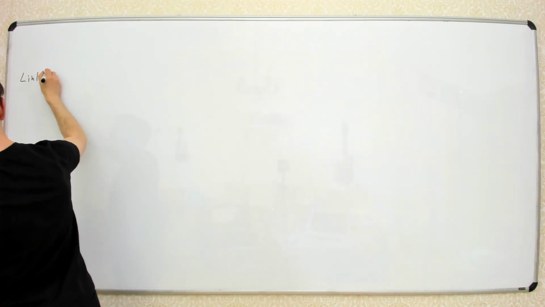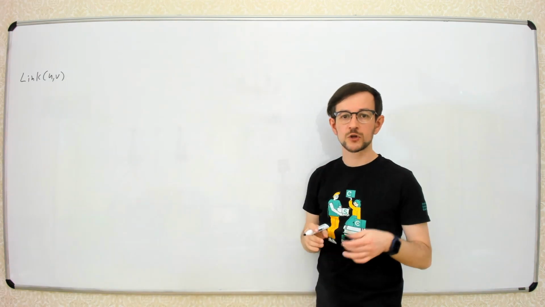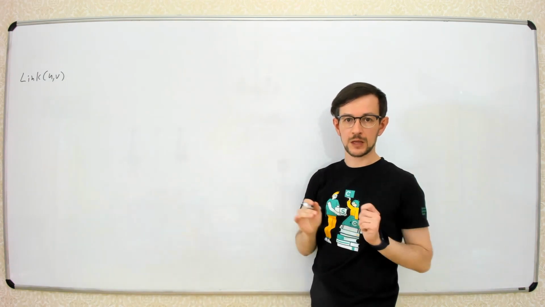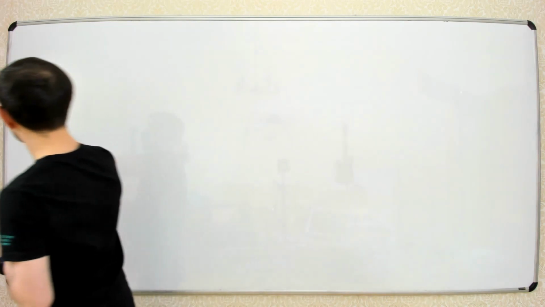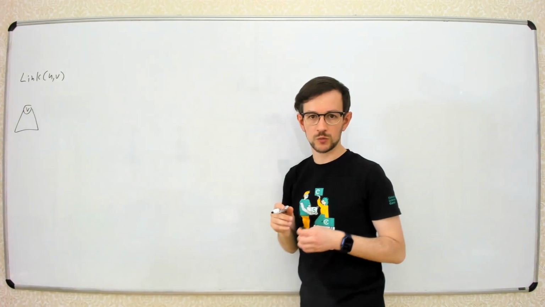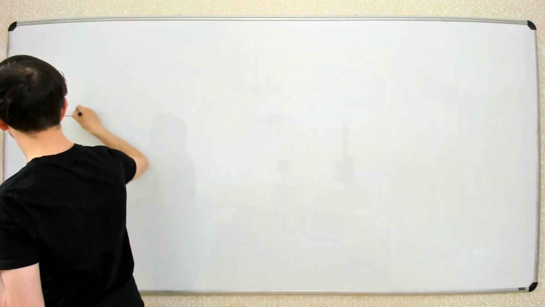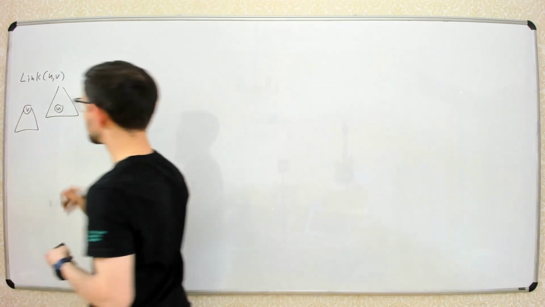So the link operation works as follows. You have two separate trees, one tree with root equal to node V, and some other tree with node U. Node U is somewhere inside this tree.